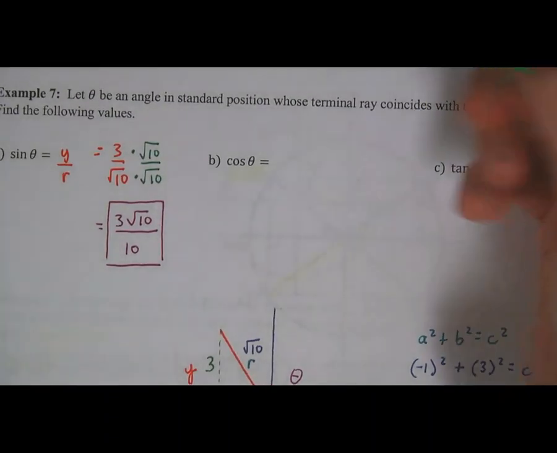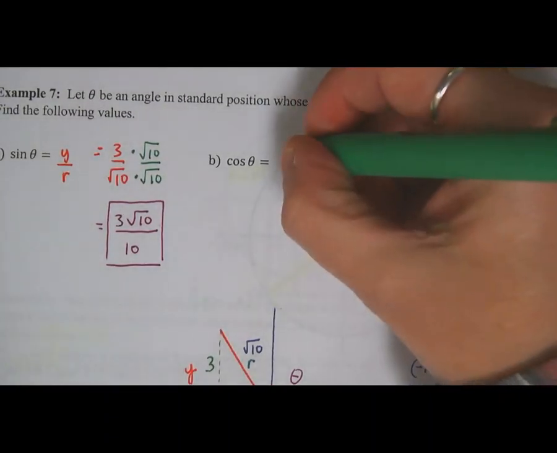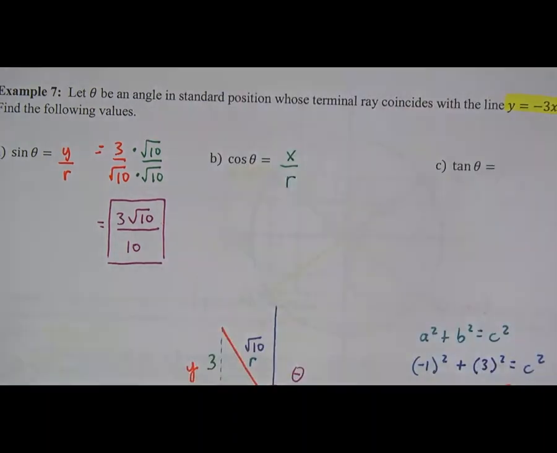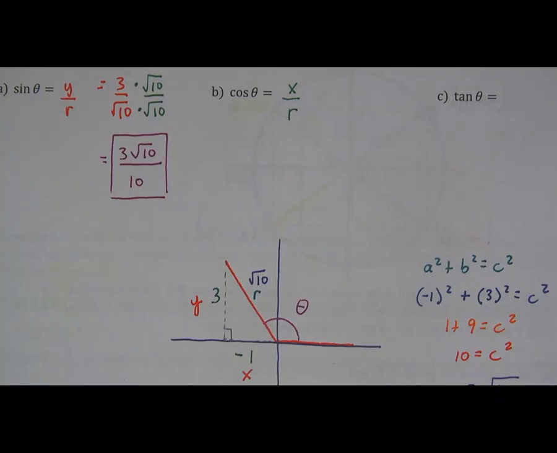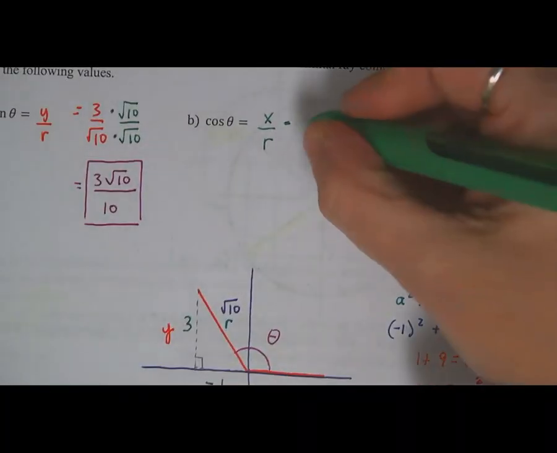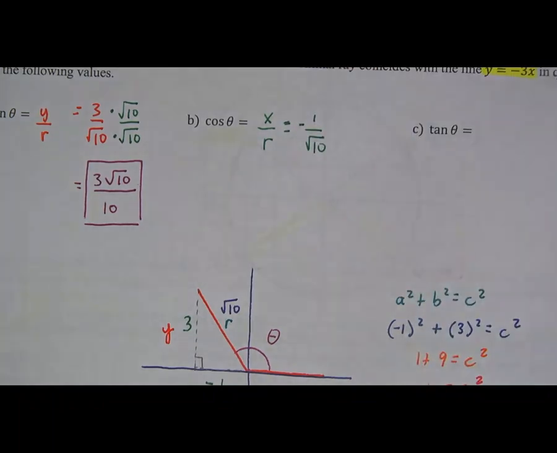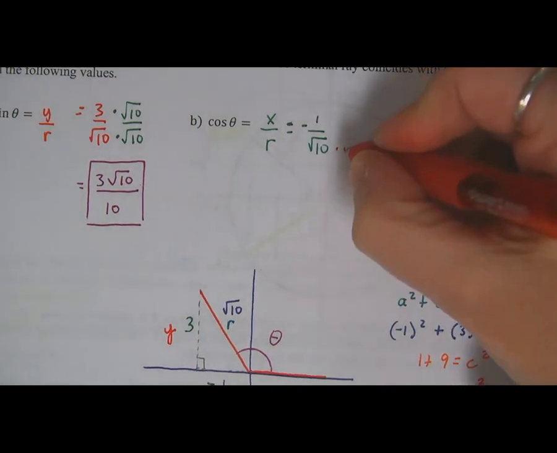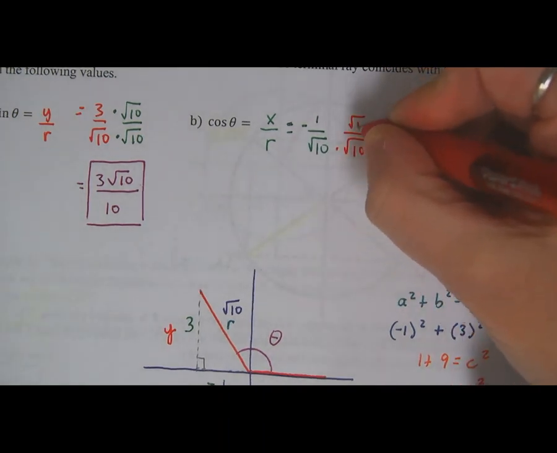We're going to do cosine theta. And so the ratio there is the horizontal distance over the radius. So that's going to be negative 1 over root 10. And we're going to fix that. It's called rationalizing the denominator.